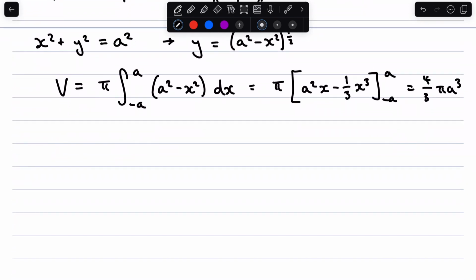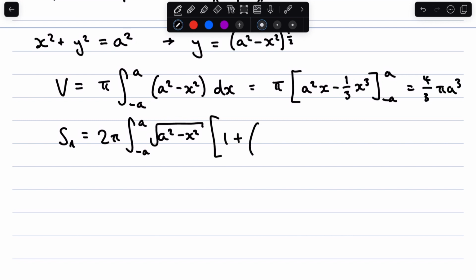And then surface area is equal to 2 pi times the integral from minus a to a of the square root of a squared minus x squared times by the square root of 1 plus x over the square root of a squared minus x squared, all squared, times by dx, and that's going to be equal to 2 pi.